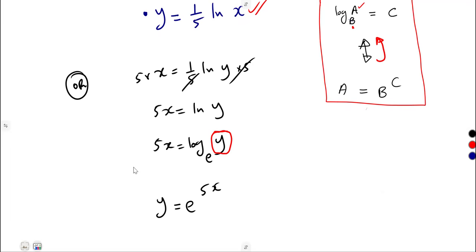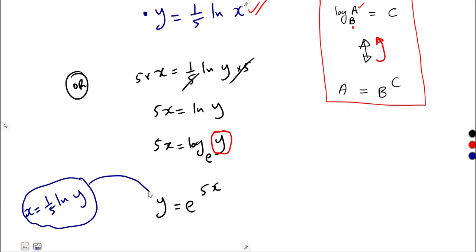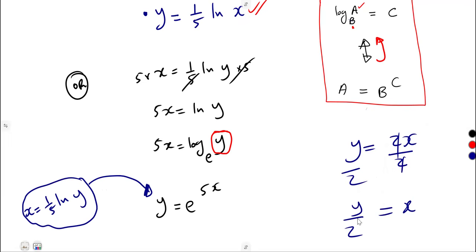Guys, this equation x is equal to 1 over 5 ln of y is the same as this one. It is just like when we are given y is equal to 2x, then someone divides by 2 and writes x is equal to y over 2. They gave you something like this, then said to find the inverse.